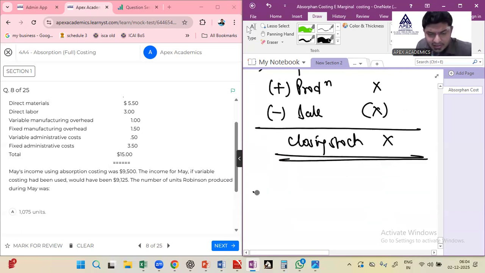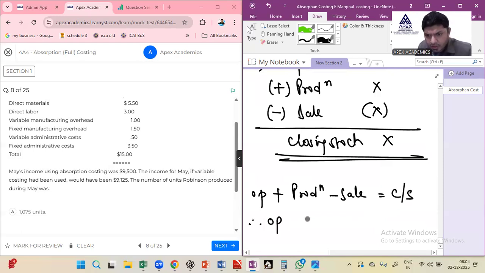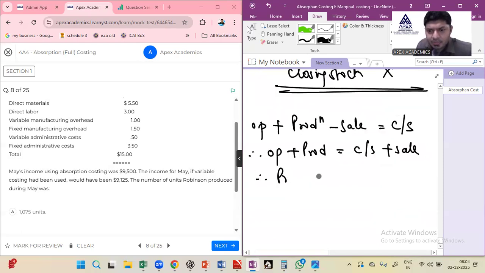Therefore, can I write like this, that opening stock plus production minus sale is equal to closing stock. Therefore, opening stock plus production is equal to closing stock plus sale. Therefore, in this equation, production is equal to closing stock plus sale minus your opening stock.